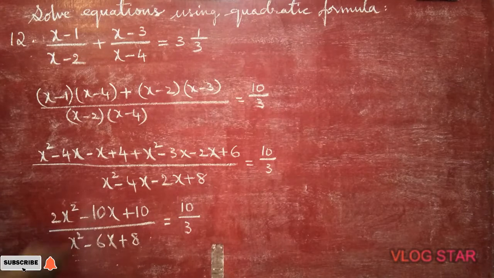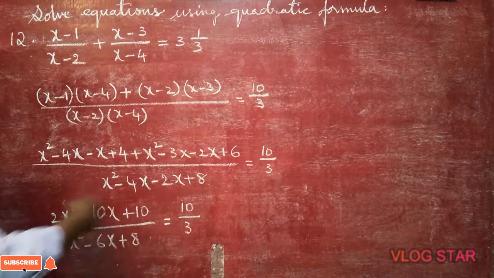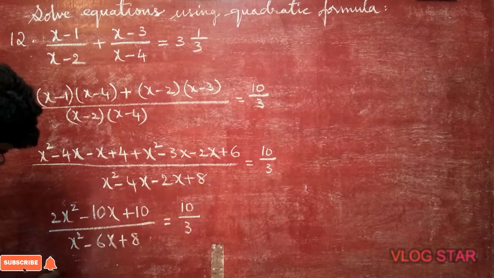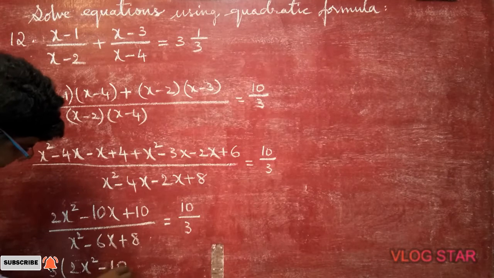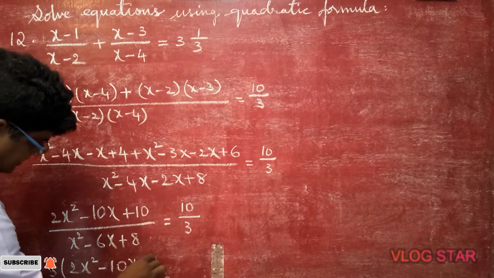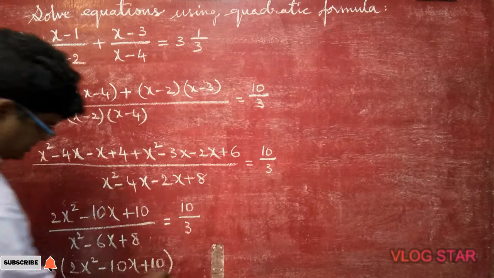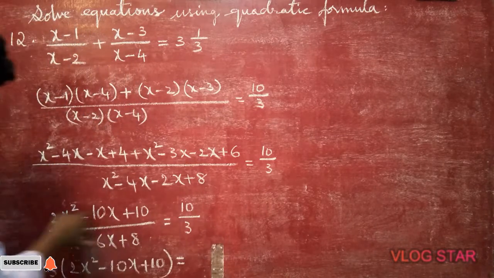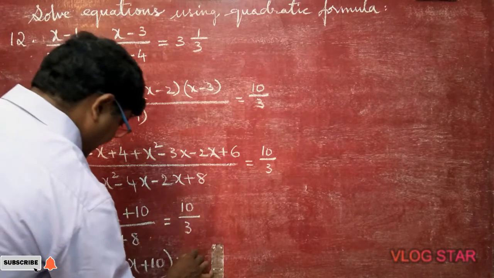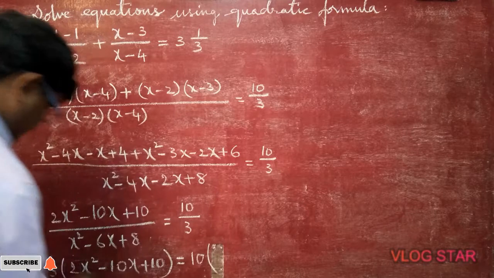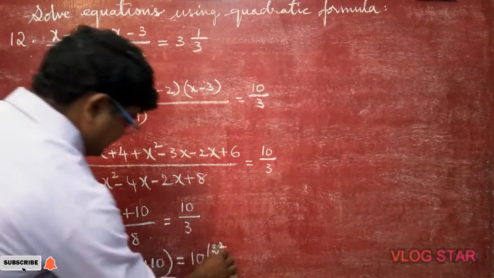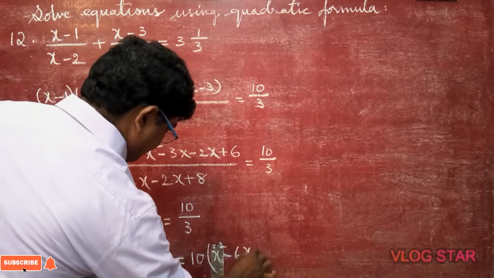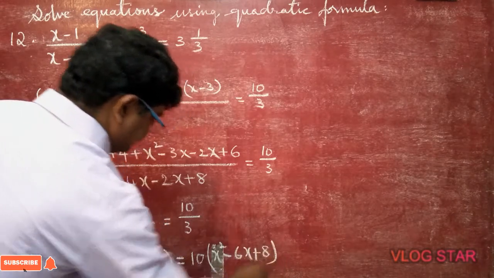Now do cross multiplication. 3 into (2x square minus 10x plus 10) is equal to, cross multiplication, 10 into (x square minus 6x plus 8).